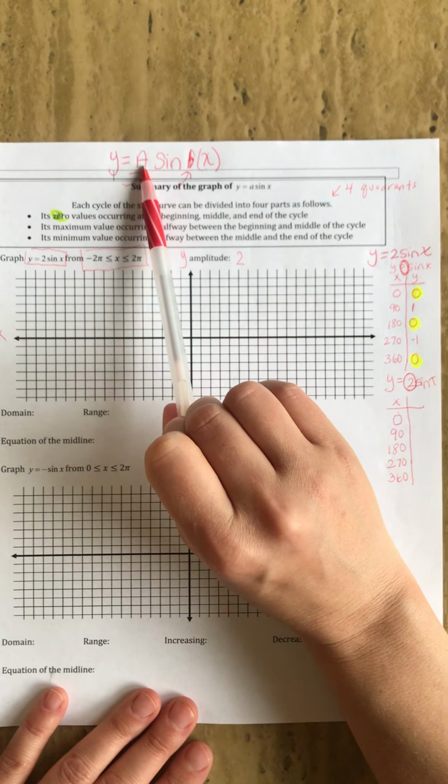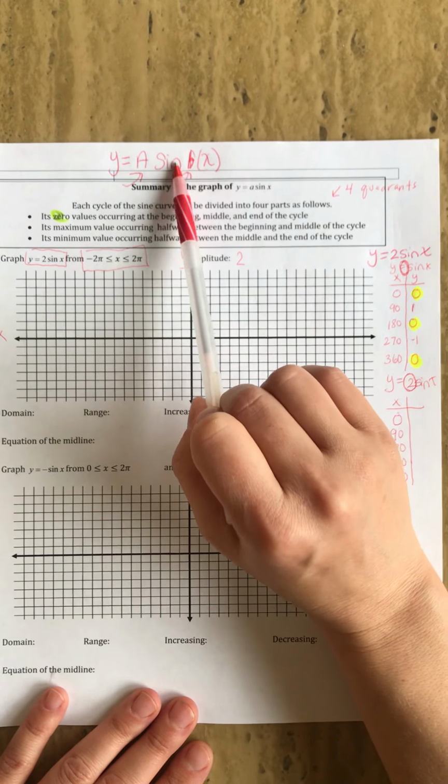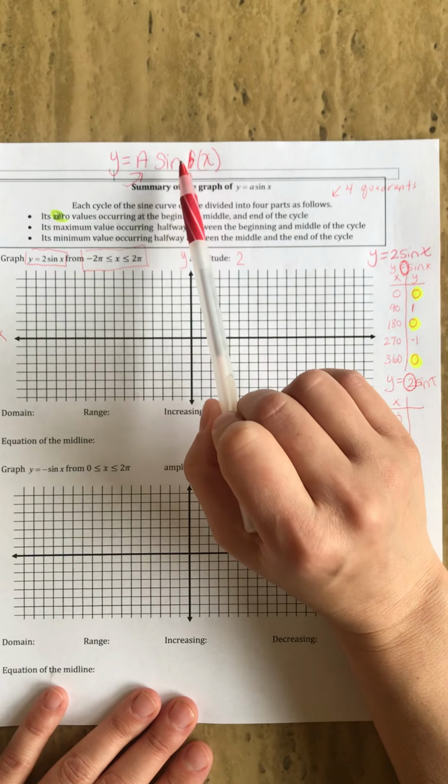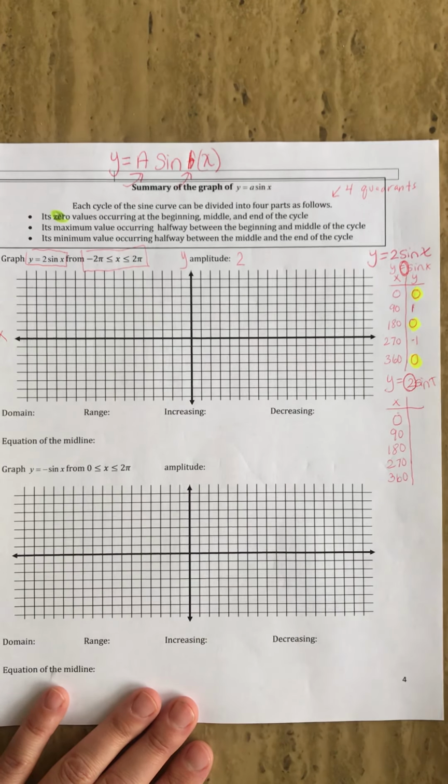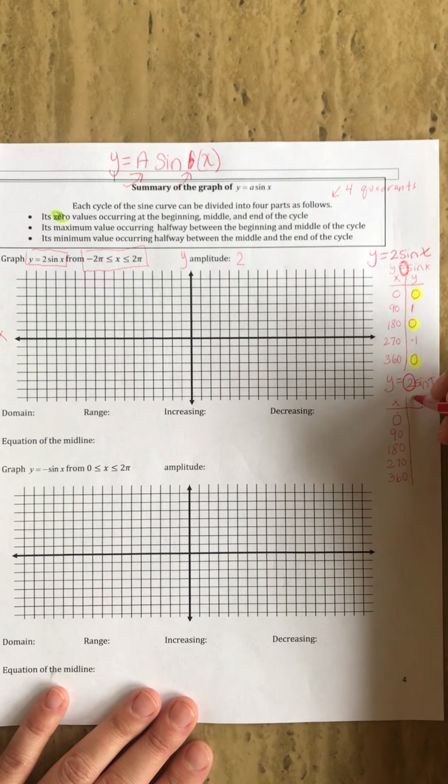Y equals A sine Bx, where A represents the amplitude. This B we're going to get into later on in the unit. That represents how many frequencies that you are going to see from 0 to 360. You guys can see right now we're always going to see one cycle from 0 to 360. So when I plot these 5 points, you guys will see that that's going to be the one cycle.